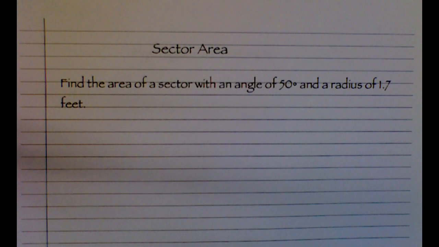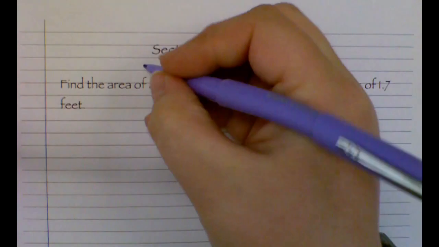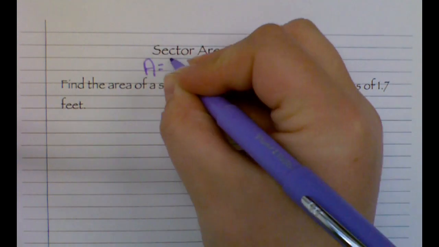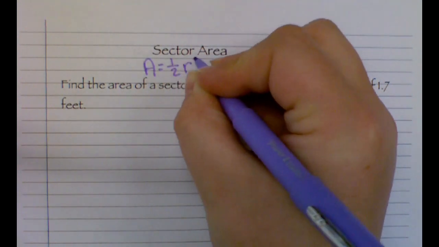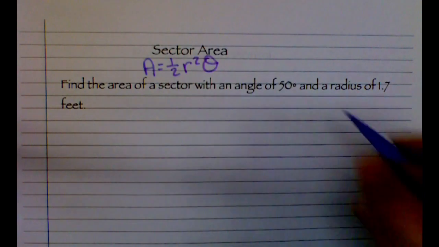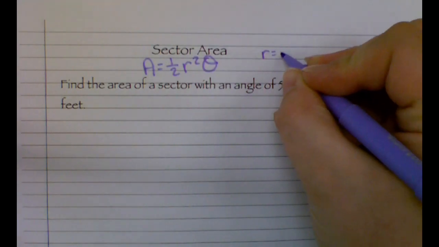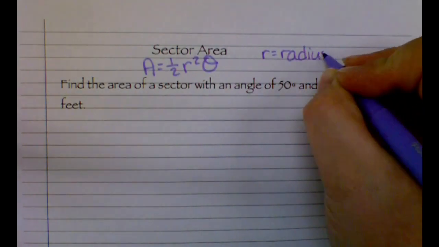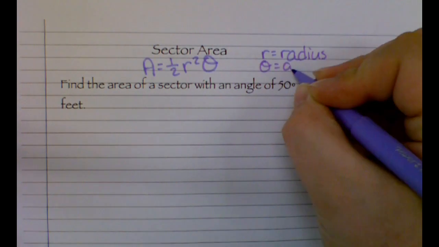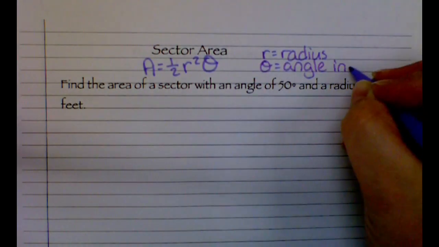Sector area is also covered on this. The formula for sector area is area equals 1/2 r squared theta. Again, r is the radius. Theta is the angle in radians.